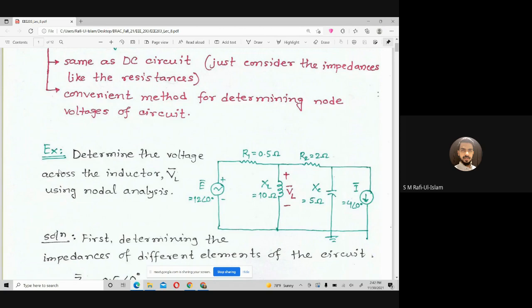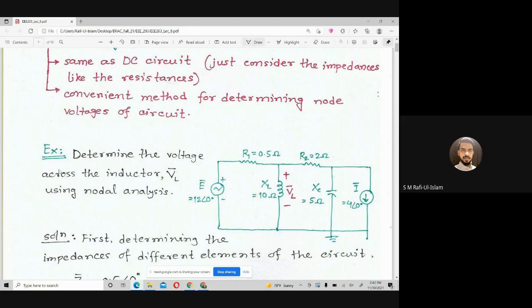In other words, the entering current equals the leaving current. I'm not going to repeat the definition of nodes because you have probably learned a lot about it. In node analysis, your target is first to calculate all the node voltages.